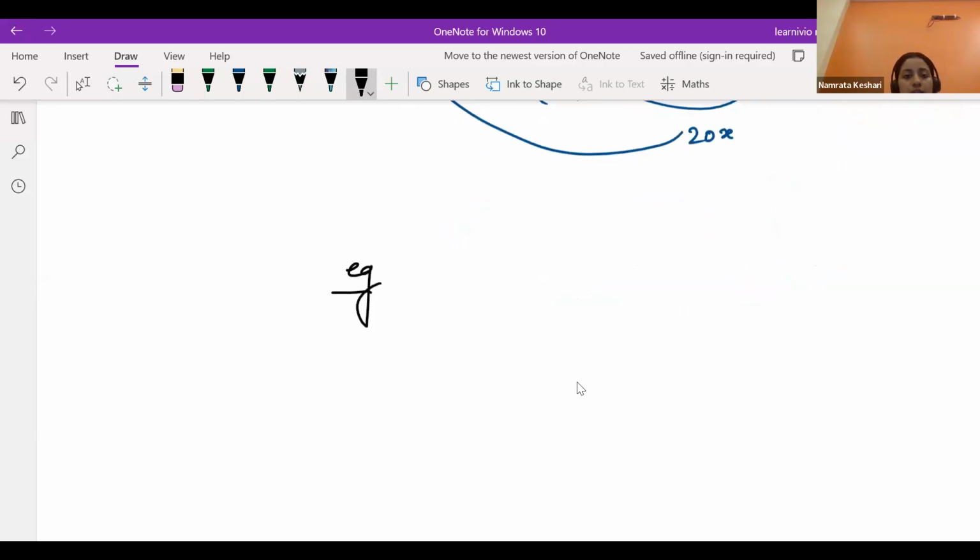So if your example looks like this, and this is if you are trying to use the identity, anywhere, okay, the formula which you have learned in the previous class, the formula is x plus y whole square is equals to x square plus 2xy plus y square, or maybe the other formula is x minus y whole square.